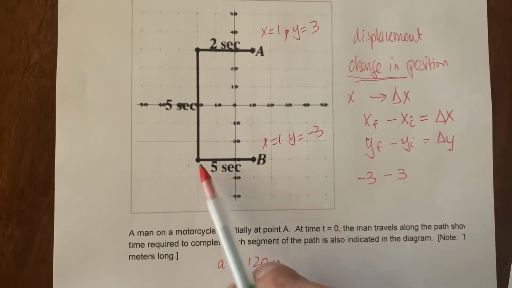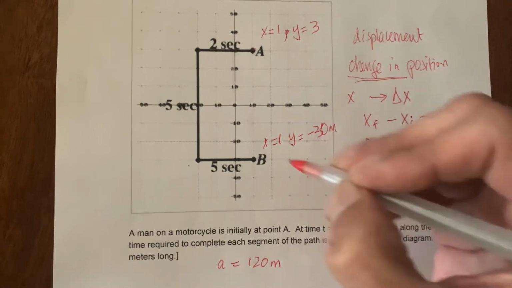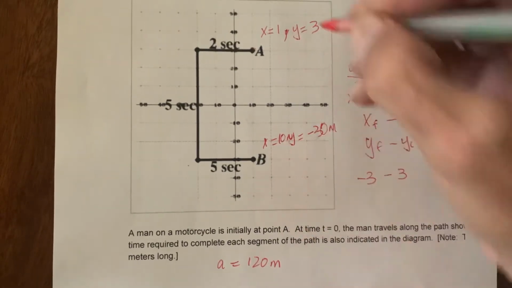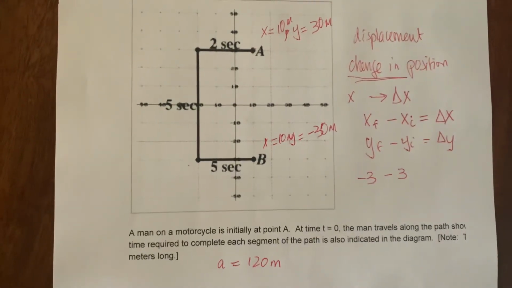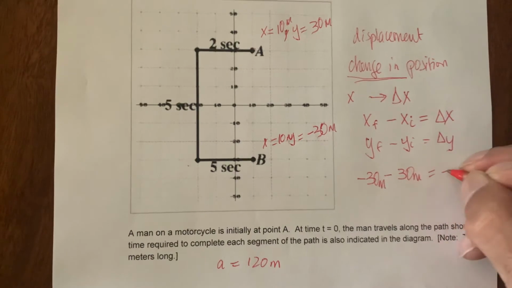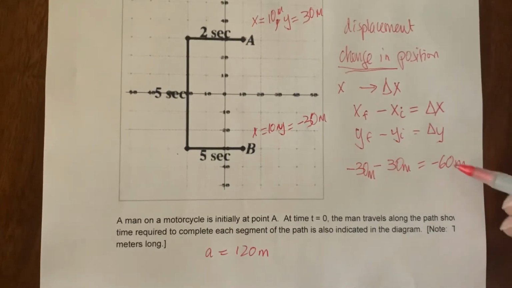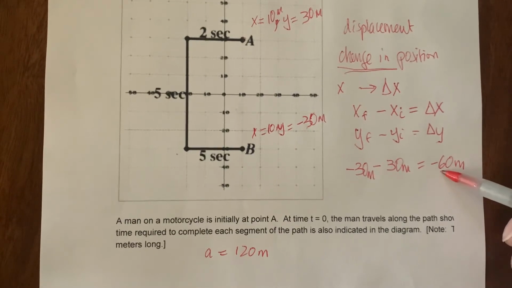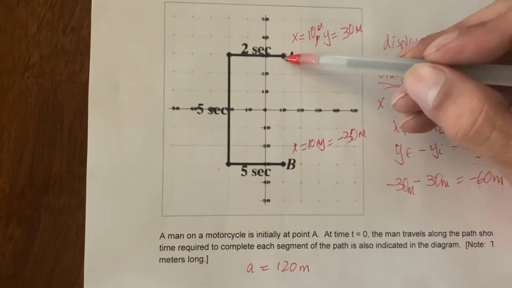Remember, that's 3 squares, so each square is 10 meters. So negative 30 meters minus 30 meters is negative 60 meters. What you're saying here is your displacement is negative 60 meters, meaning 60 meters below your original position. So that's your displacement.